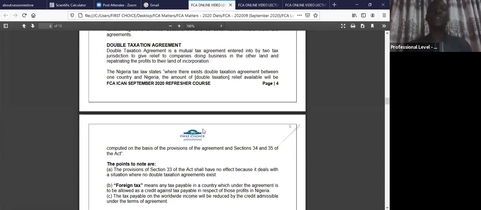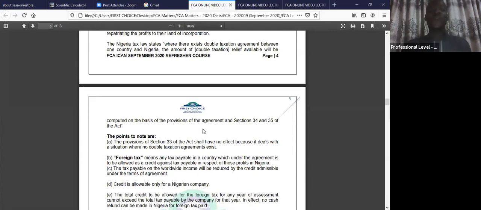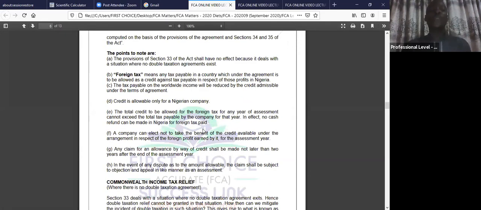So the double taxation agreement states that whenever there is a double taxation agreement, the relief will be computed based on the provisions of sections 34 and 35. Now, look at what you should know. First of all, if you are answering a question that has to do with double taxation agreement, look at the question.